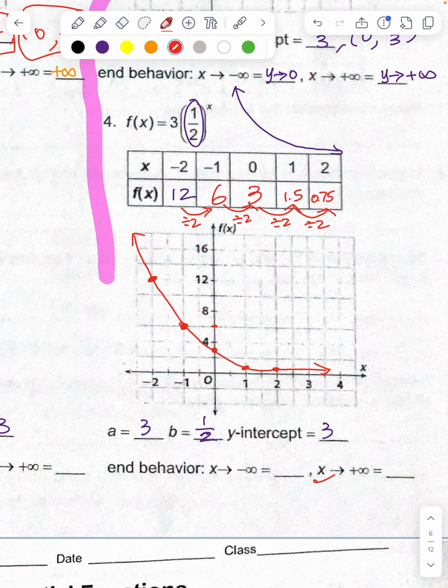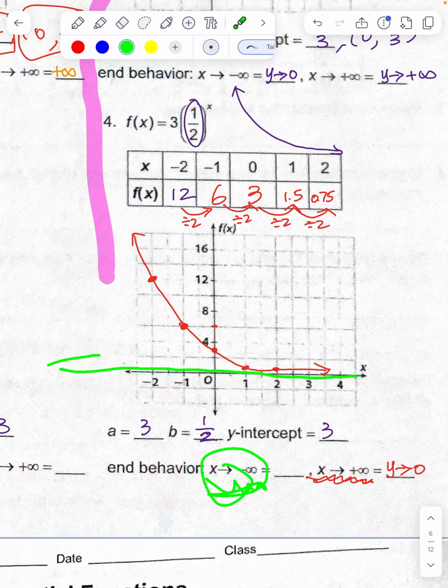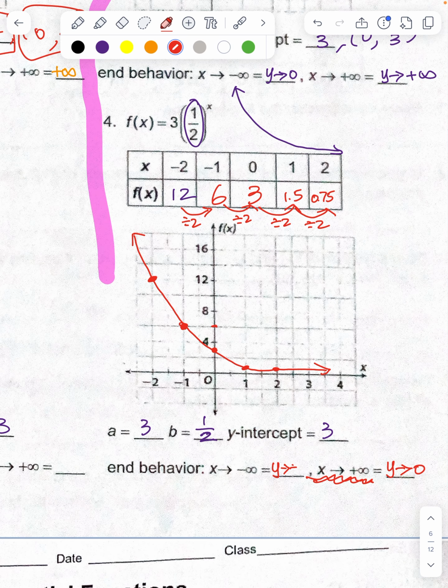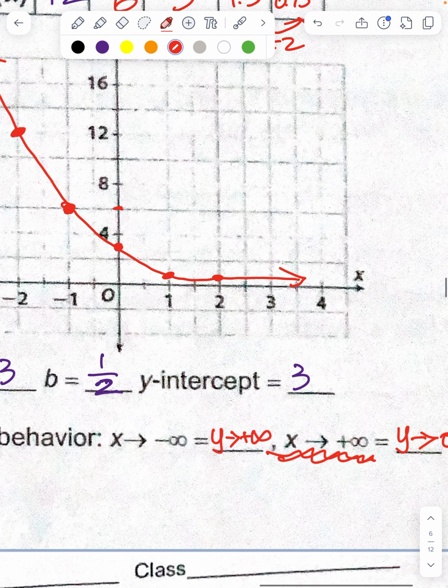When x goes to negative infinity, x becomes smaller, look at this part, the y value becomes bigger, going to positive infinity. The space is kind of small here. Just the y goes to positive infinity. Done.